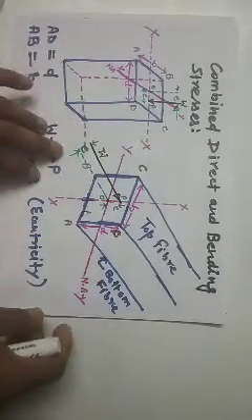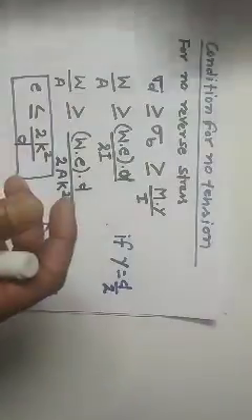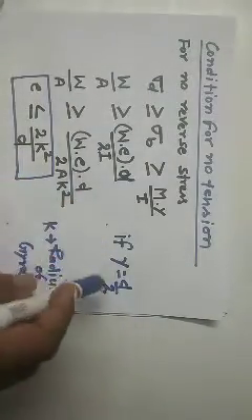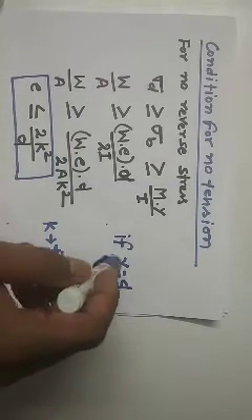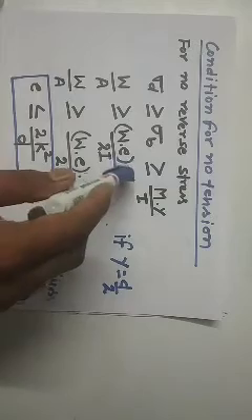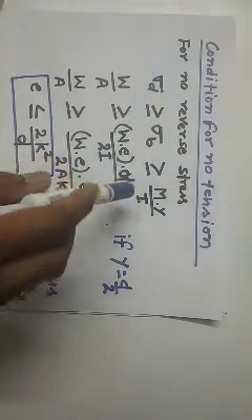And if the cross section is circular, again the value of Y will be D by 2. So I make a general assumption that in most cases, when load is applied on the x-axis, Y will be equal to D by 2. So I put D by 2 here.